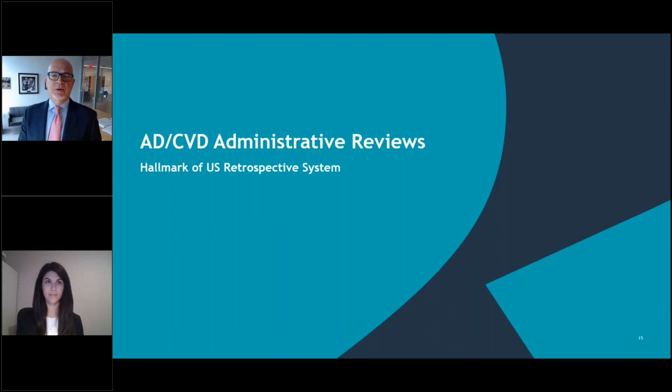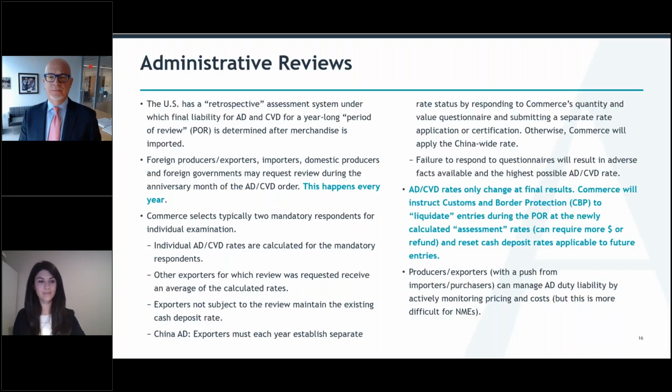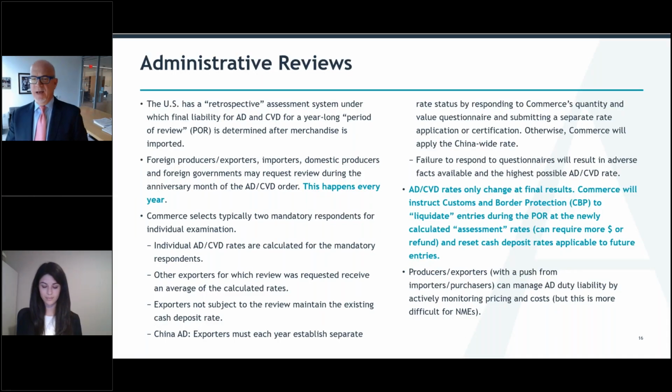All right, so administrative reviews. Let's go to the next one. I've essentially talked about this already. This is the point that I just want to make sure everybody's aware of: this is the really unique risk. It's the unique hallmark of U.S. anti-dumping and countervailing duty law, and it is a unique risk associated with that law that companies need to be aware of and prepared for.